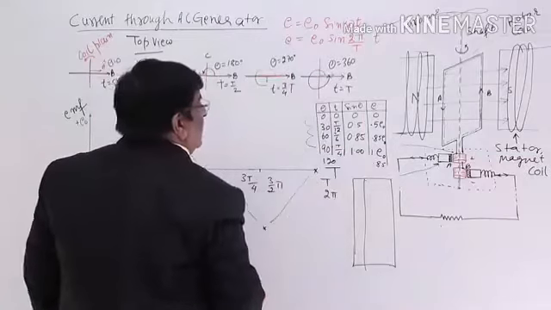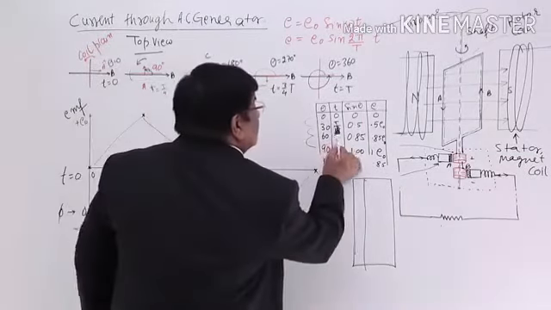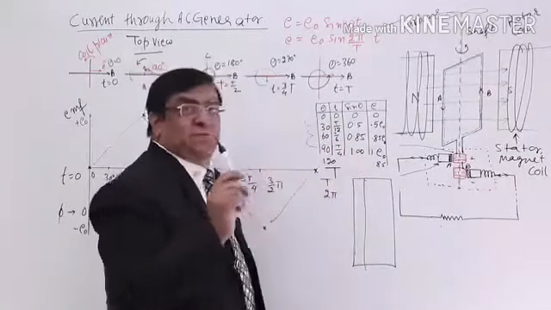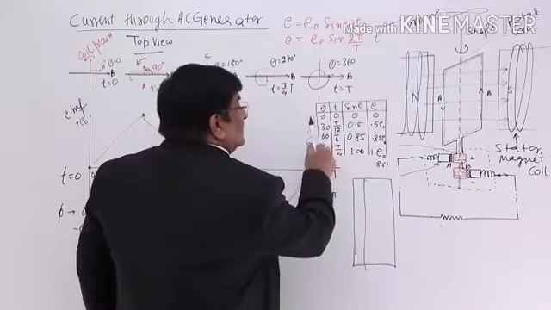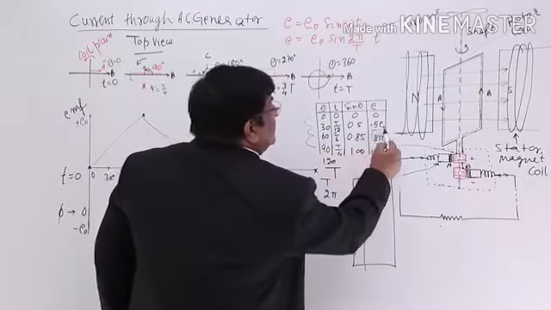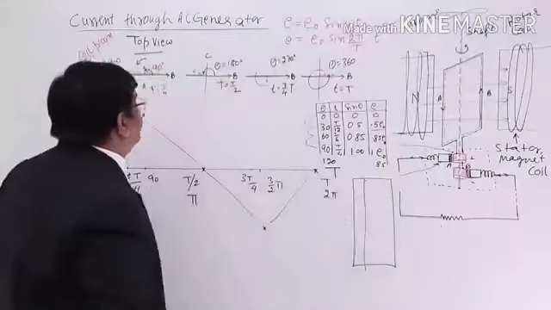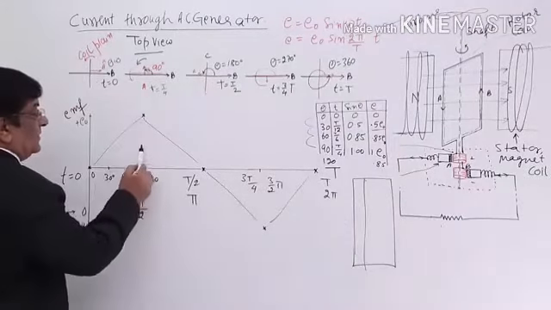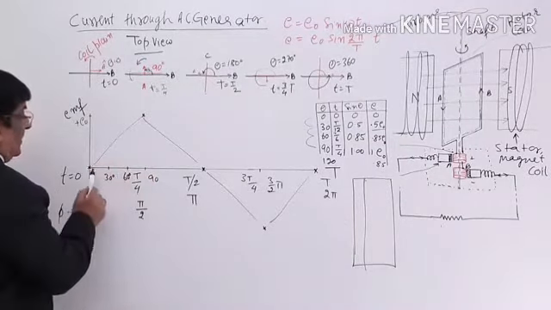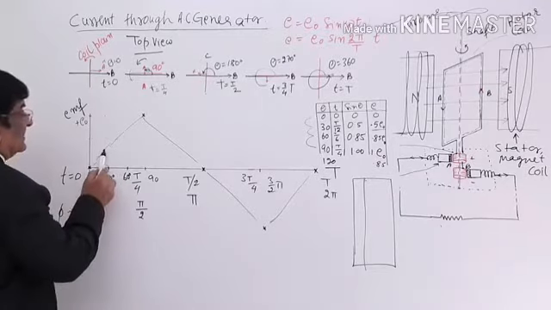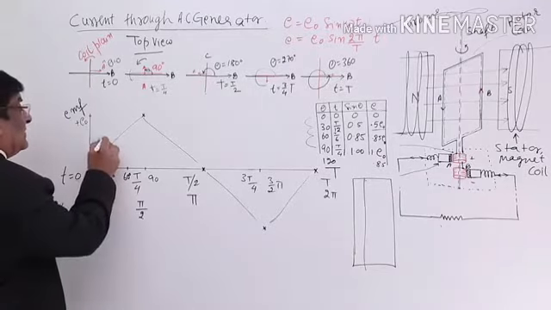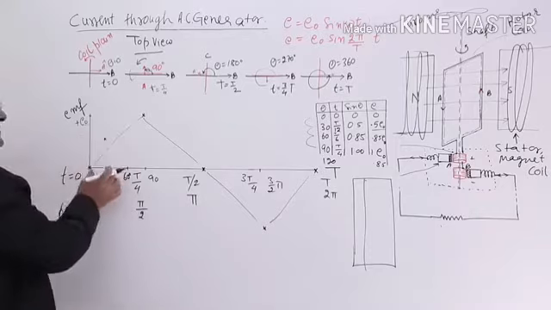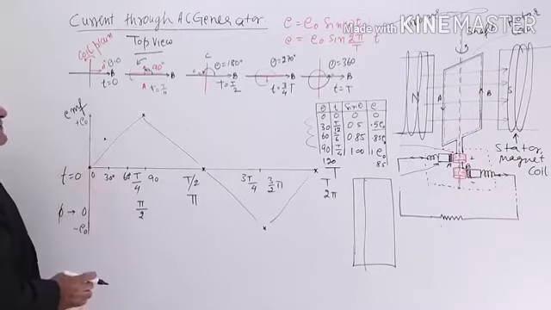So in the first T by 12, this is an important statement, in the first 30 degree it has achieved 0.5 E naught. If this is E naught, this is 0.5 E naught. 0.5 is achieved in only 1/3 rotation.